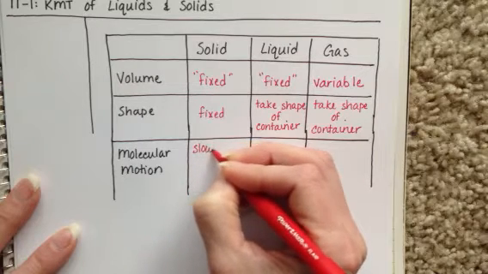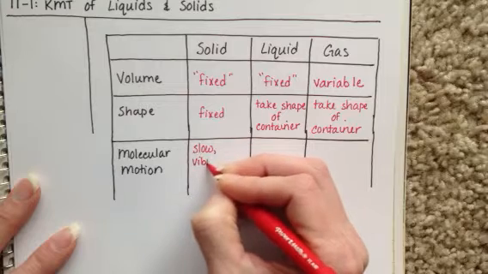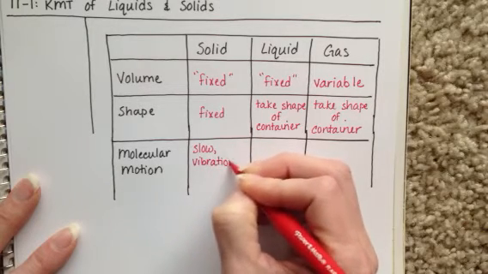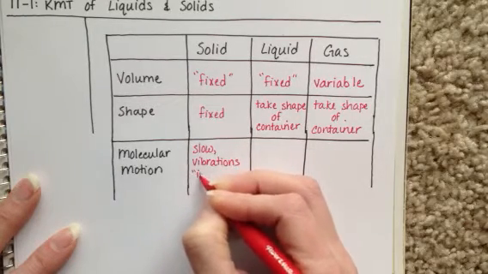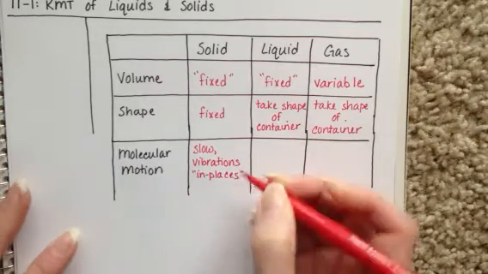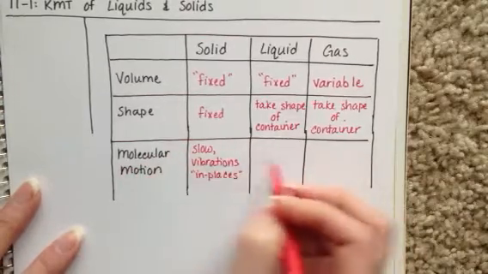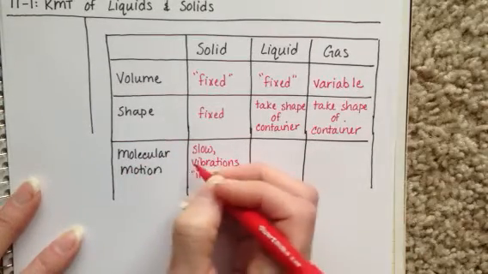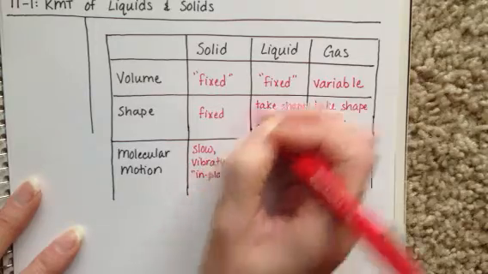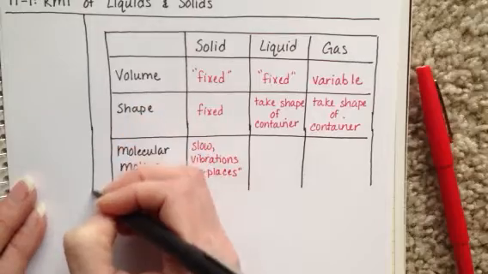They're often described as vibrations in place, meaning that the molecules or the atoms in a solid don't really move around inside the sample. They stay put in one spot and they just kind of wiggle in place. They don't go all over the place. So they just vibrate in place, but they are constantly moving.